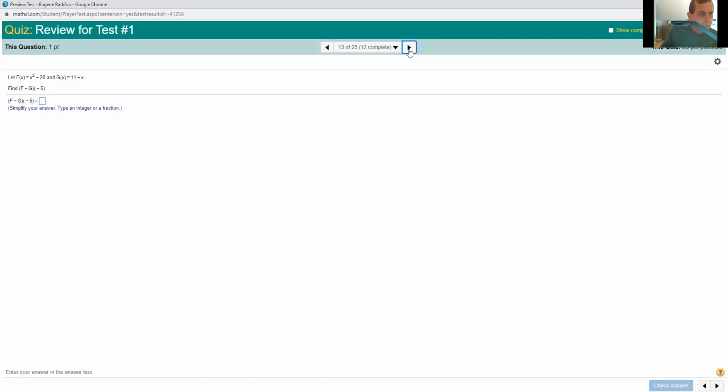All right, what's this one say? F minus g of negative 5. And they're giving me f of x is x squared minus 20. And g of x is 11 minus x. So subtraction again.